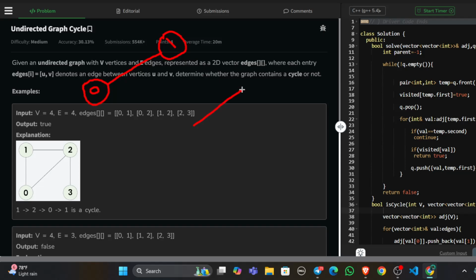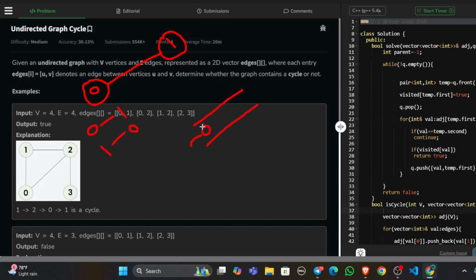Now, let's see the next step. First we draw the adjacency list. So zero goes to one, and one goes to zero. Yes, this is the simple adjacency list.